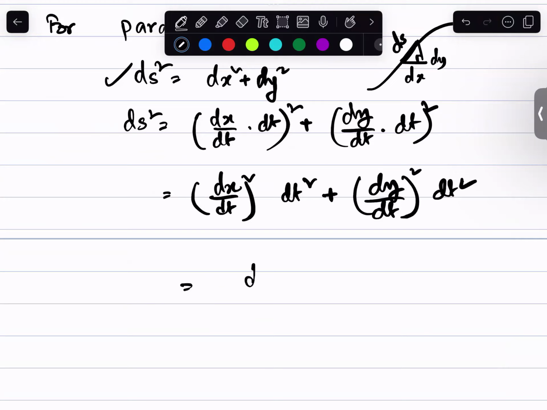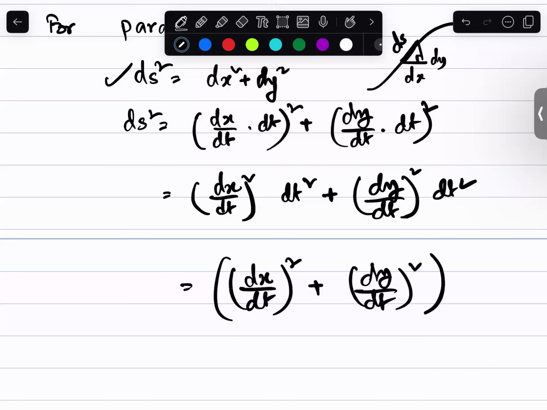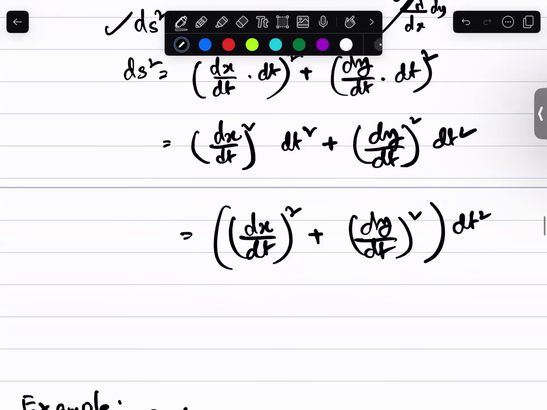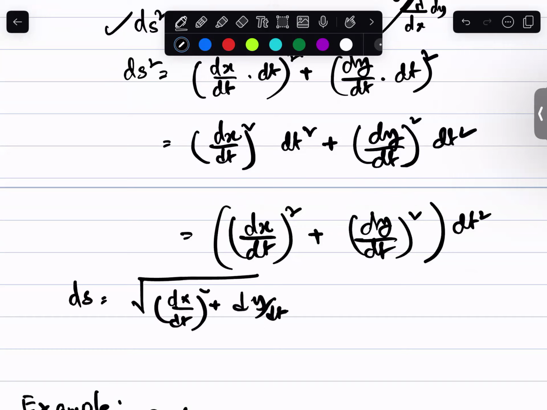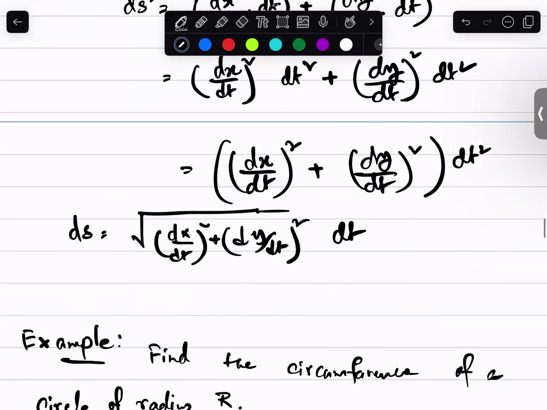So this is, in other words, dx over dt squared plus dy over dt squared, and there is one more dt squared at the very end. And now if I take the square root, then ds will be just square root of dx over dt squared plus dy over dt squared, dt, right? So my arc length expression for parametric curves will be just the integral from a to b of ds, where a and b were the range for t.